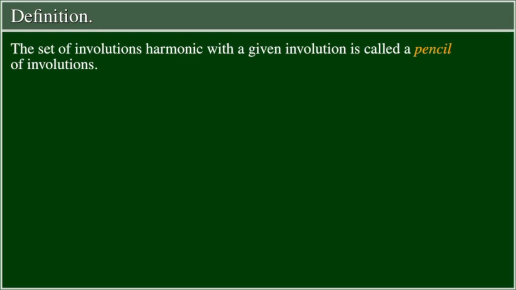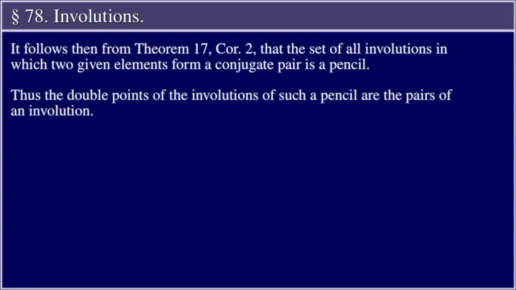The set of involutions harmonic with a given involution is called a pencil of involutions. It follows then from Theorem 17, Corollary 2, that the set of all involutions in which two given elements form a conjugate pair is a pencil. Thus, the double points of the involution of such a pencil are the pairs of an involution.